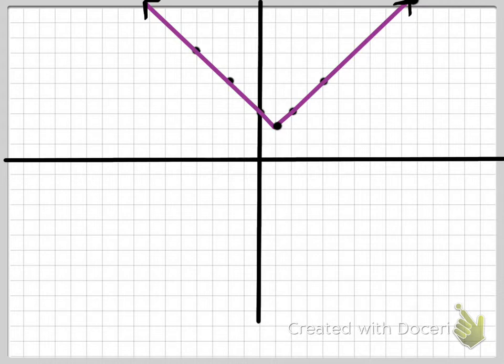So now my vertex of this graph is there, which is at 1, 2, or 1 for my x, 2 for my y.